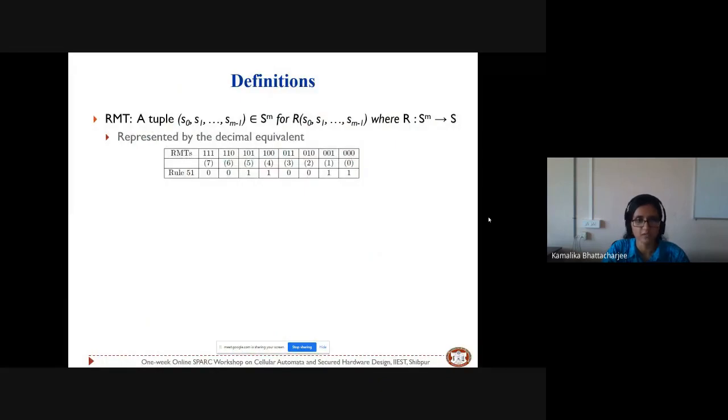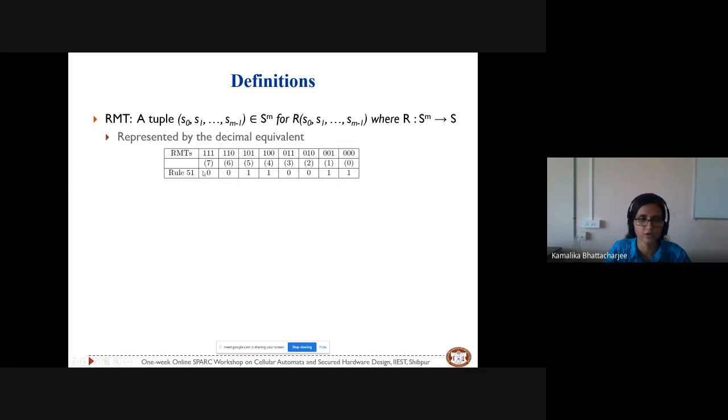First is RMT that I already discussed. An RMT is a tuple of all neighbors of a rule, that is the argument of the rule. So it is a tuple S0 to Sn minus 1 if n is the size of the neighborhood, and the rule is S to the power n to S. Normally this RMT is represented by the decimal equivalent of the string Sn minus 1 to S0, or maybe the reverse way, whatever way you are comfortable with.